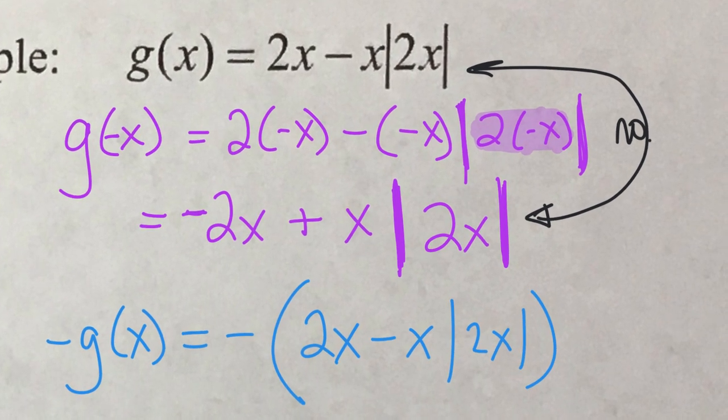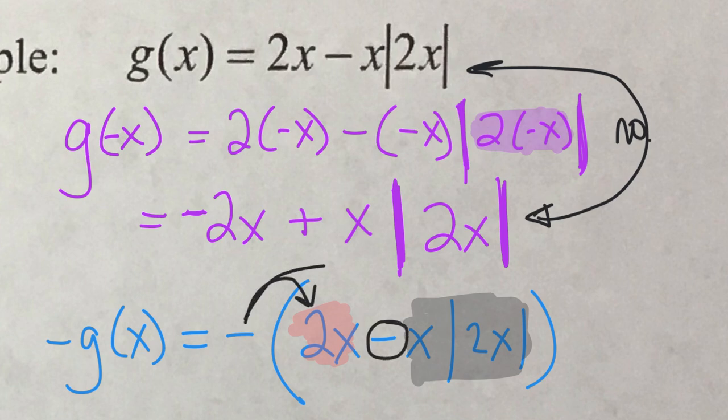So how many terms are there again? Well, there's the 2x term, and there's the absolute value of x term. There are two terms. We know there's two terms because there's only one operation. So we're going to distribute to the 2x, and we're going to distribute it to this. I don't like to see students do multiple distributions to places where they don't belong.